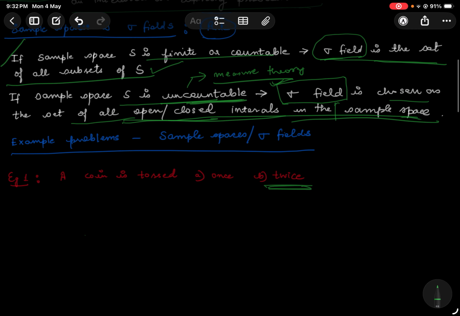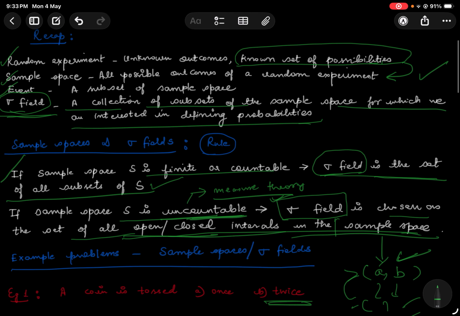For most practical purposes, we will deal with interval sample spaces, and these are the uncountable sample spaces. Generally, open and closed intervals, like subsets of these, are where probabilities are defined and where the sigma field is defined. That's how the sigma field is defined for these sample spaces. We're going to only focus on those subsets, not some random weird subsets. That is what the sigma field actually does.